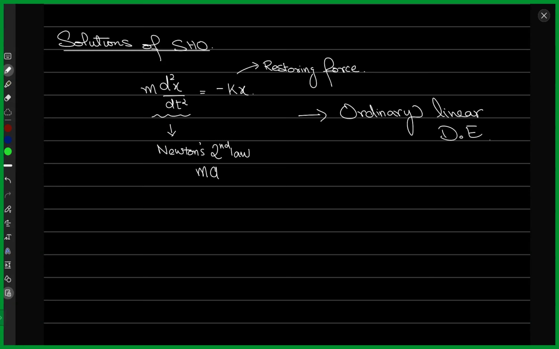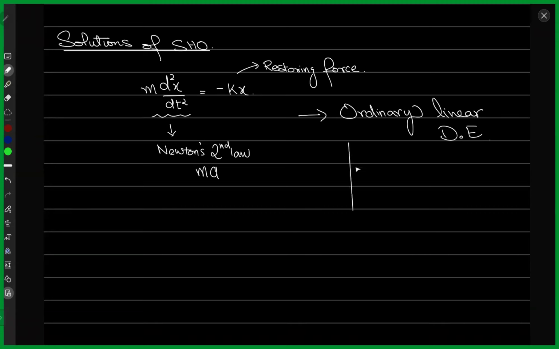We are not going to do the mathematics of all of that. It's sufficient to know that from expectations, you would expect the solution to be sinusoidal, meaning a periodic solution, something that keeps on repeating itself.